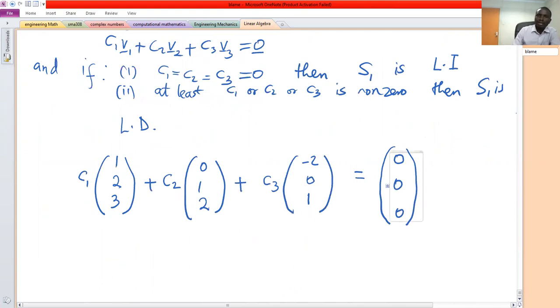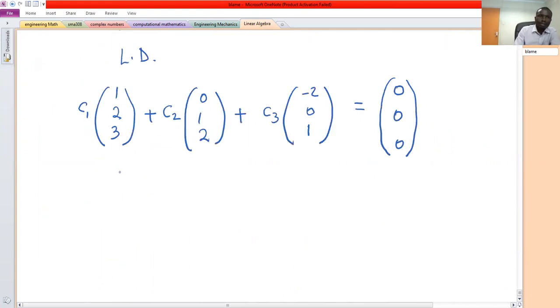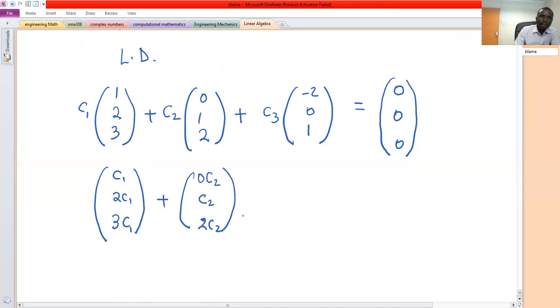Now let's carry out the multiplication. So we'll have (C1, 2C1, 3C1) plus (0C2, C2, 2C2) plus (-2C3, 0C3, C3). This equals (0, 0, 0).